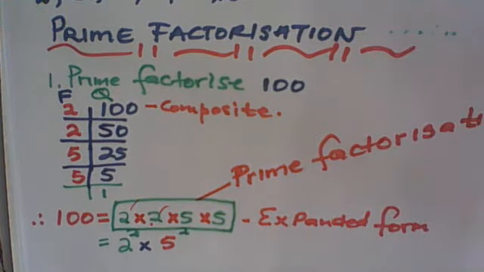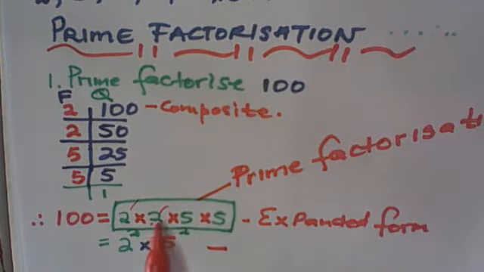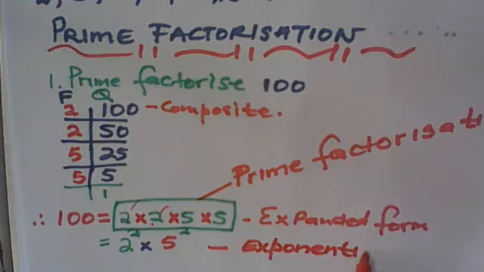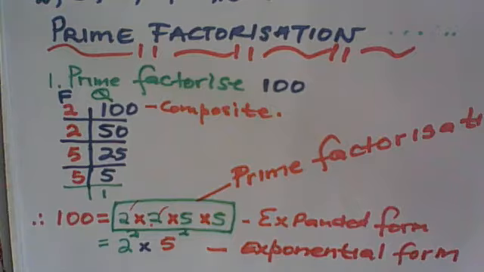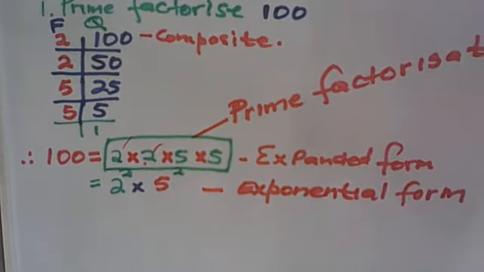If the question says prime factorize this and then leave your answer in exponential form, you are going to end up here. That's it. Leave your answer in expanded form. You just leave it here. And this one is exponential form.